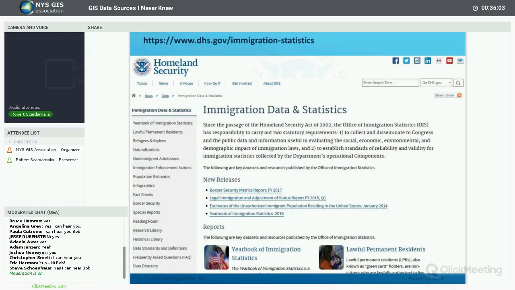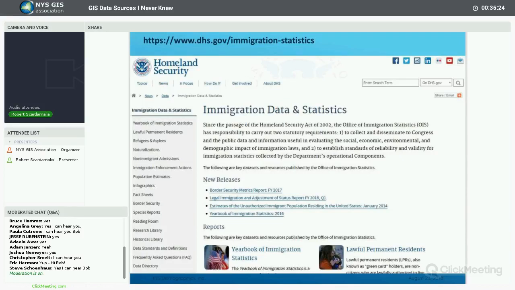Another hot topic in our world, immigration data and statistics. Now, there's a lot that goes flying by the world in the media about immigration today. And frankly, as a demographer paying attention to a lot of it, there's not a whole lot that is based on real data, and that's unfortunate.